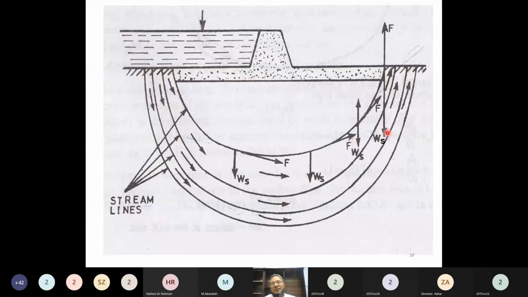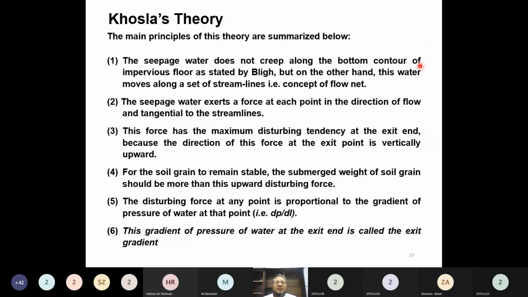Because the soil particle is in water. The weight acts in the downward direction and buoyant force in the upward direction, so the resultant is the submerged weight. And if this submerged weight is greater than the seepage force produced by the seeping water, then this soil particle here would be stable. Could you get it?